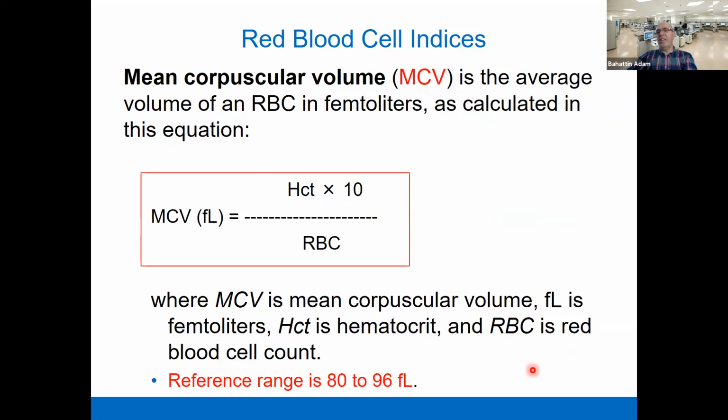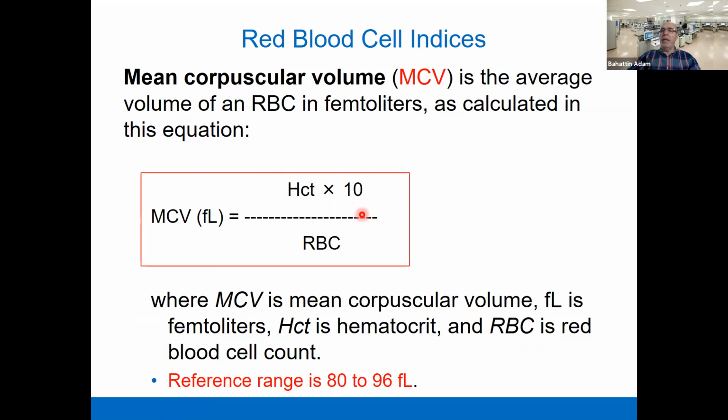The red blood cell indices are calculated automatically by instruments, but we can also calculate them manually. As you see here, mean corpuscular volume is the average volume of the red blood cells in femtoliters, as calculated with this equation.